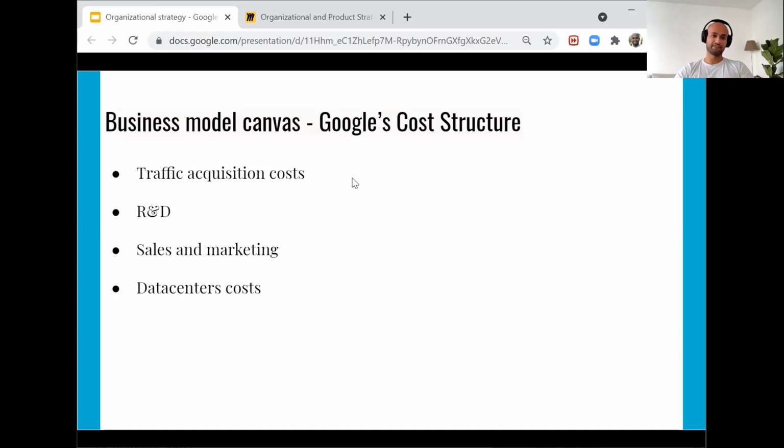So whether it's sales to different potential partners, or marketing with partners that they already have, coming up with these deals costs some decent chunk of money. And lastly, the data centers also take up a big bunch of their costs.